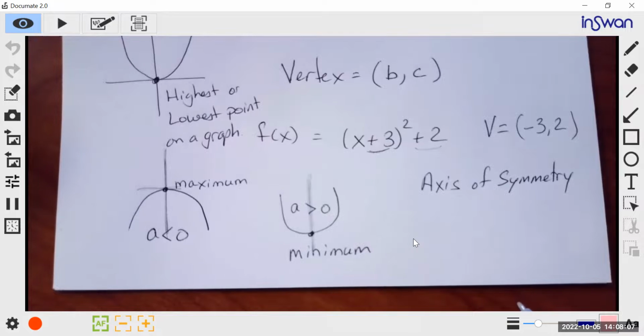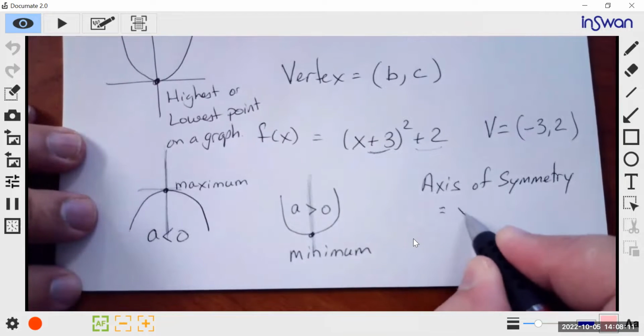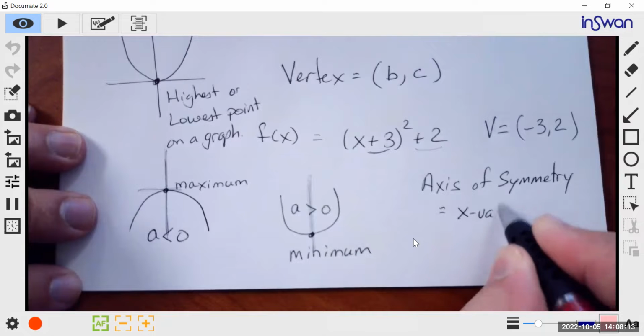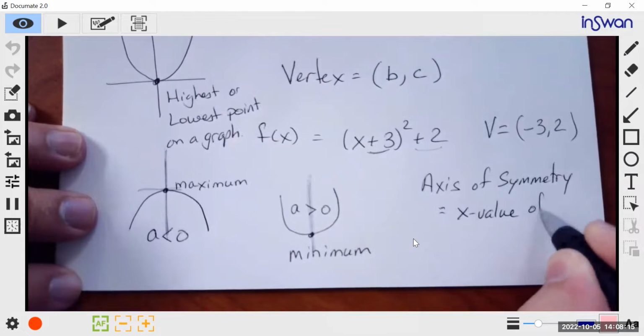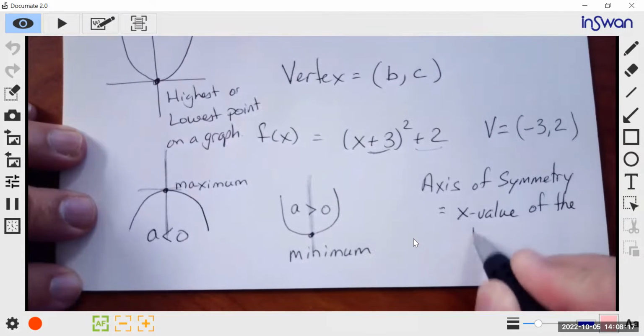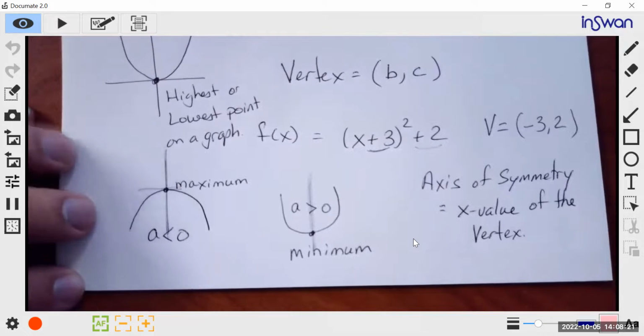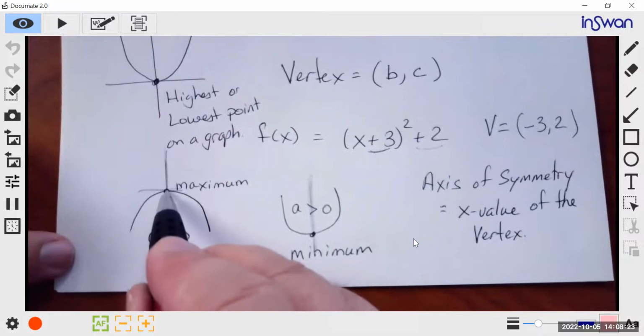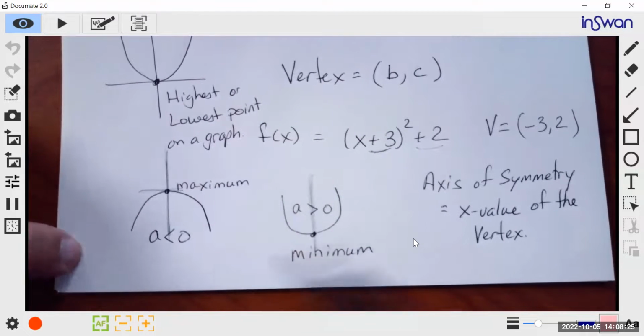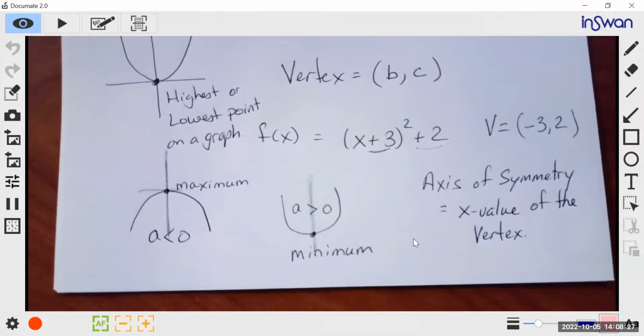How do we find the axis of symmetry? It's the x value of the vertex. Once you find the vertex, the x value is the axis of symmetry.